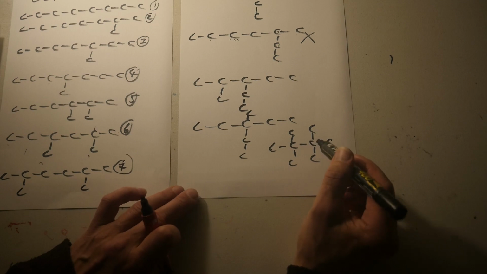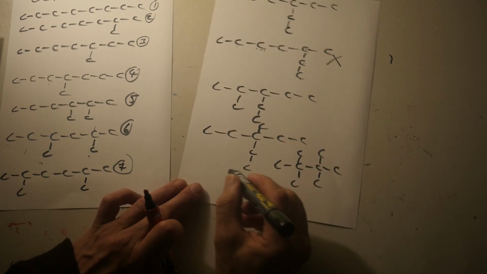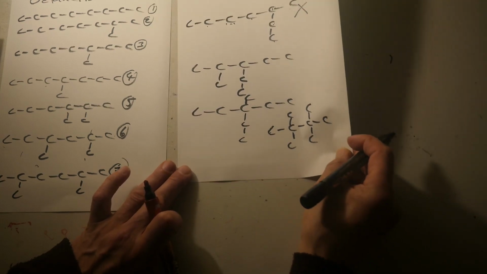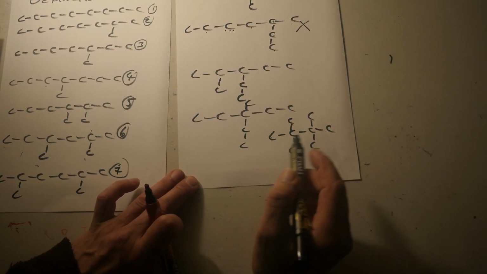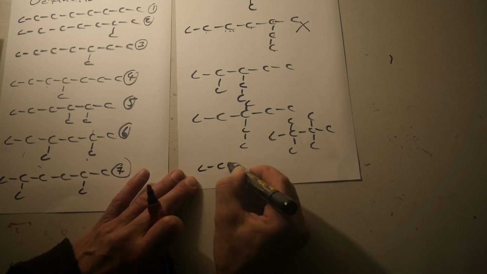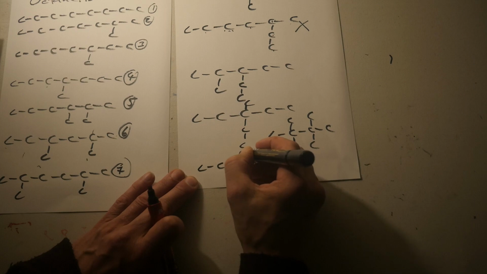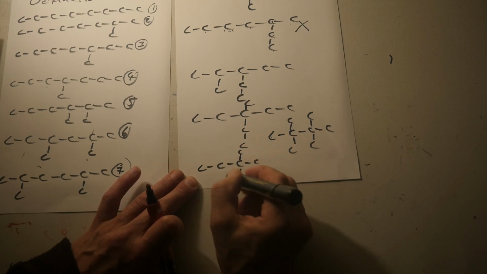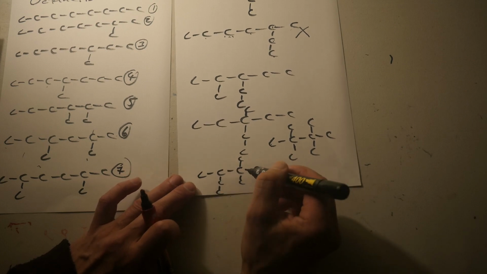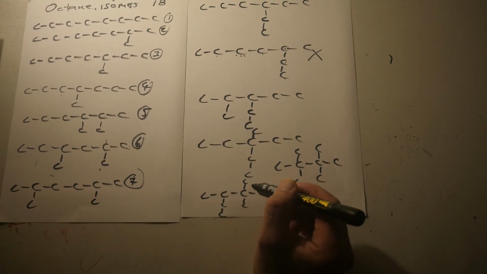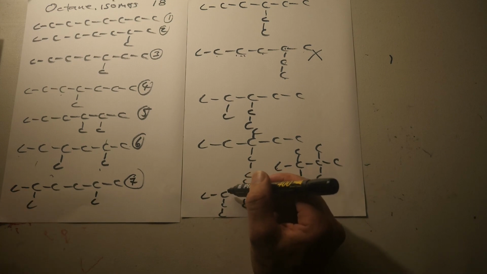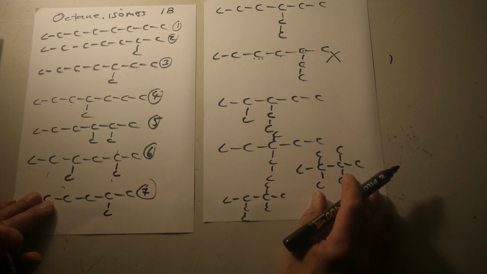So that's another option. And then you've got another option, which is actually 5 in a row. 1, 2, 3, 4, 1 coming off there, 1 coming off there, and 2 coming off there. So there's 1, 2, 3, 4, 5, which is 2 coming off carbon 2 and 1 coming off carbon 3.